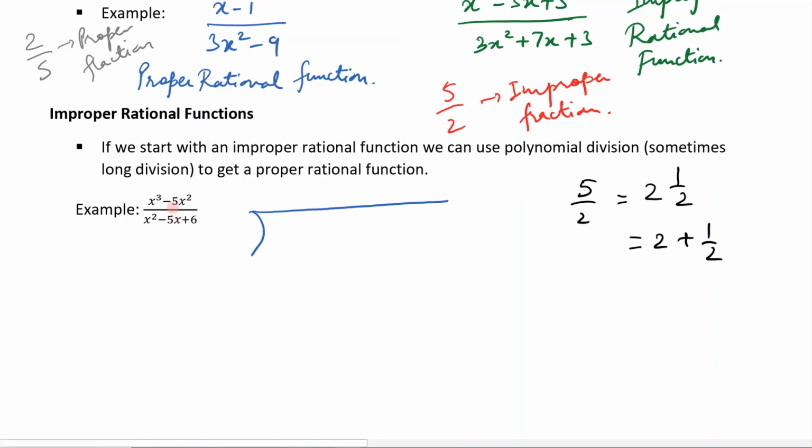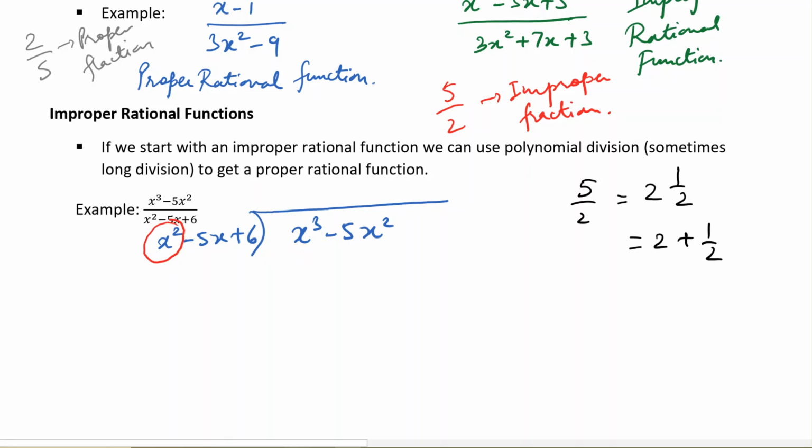So here we have this improper fraction. The degree is 3 in the numerator, so we put this term inside the division, and x squared minus 5x plus 6 is our divisor. Then we ask ourselves: what should I multiply x squared by in order to get x cubed?